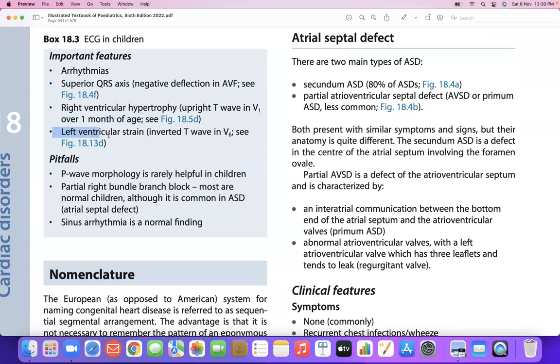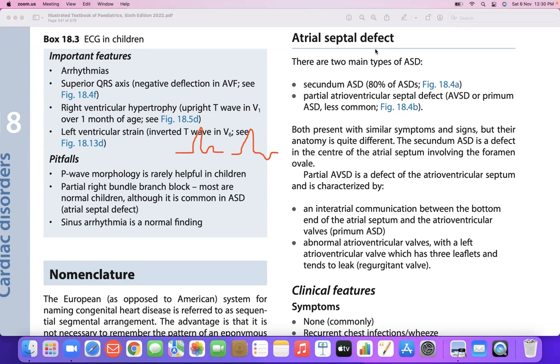Next, you see left ventricular strain pattern, that is inverted T wave in V6. If this is V6, the T wave should be upright normally, but in left ventricular strain pattern, the T wave can be inverted.